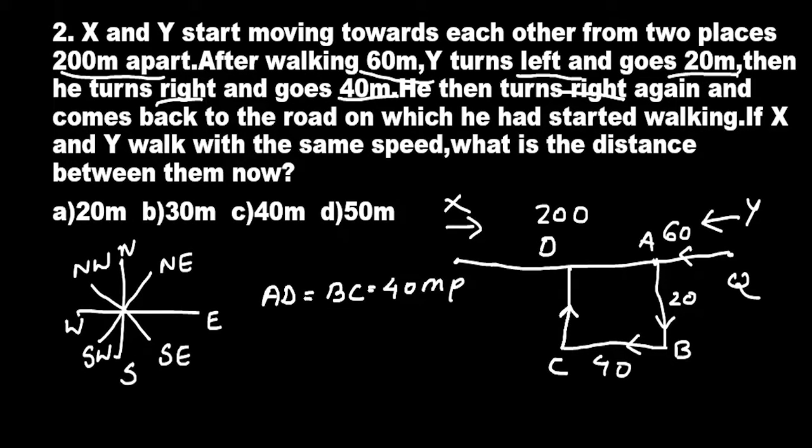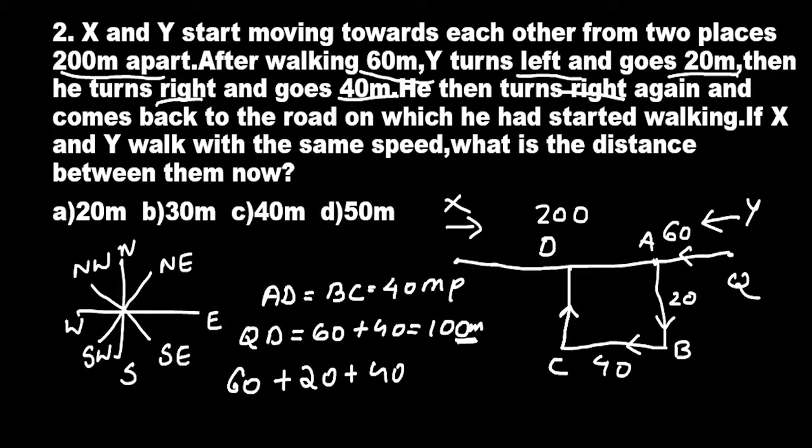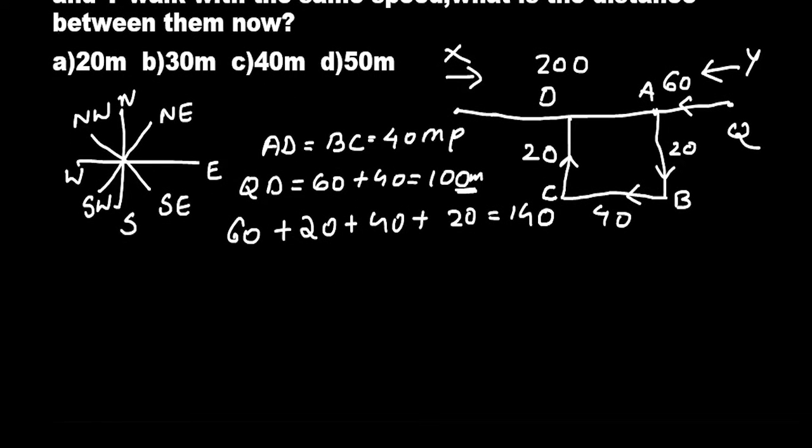So QD is equal to 60 plus 40, equal to 100 meter. Therefore the distance between X and Y is AD.